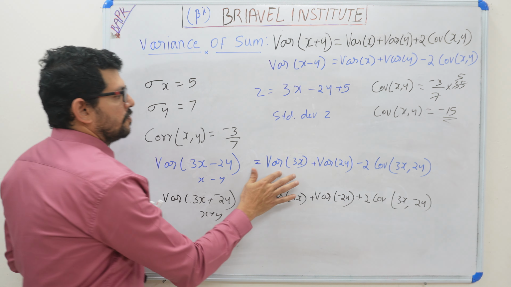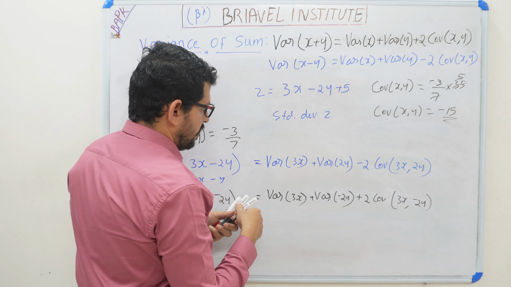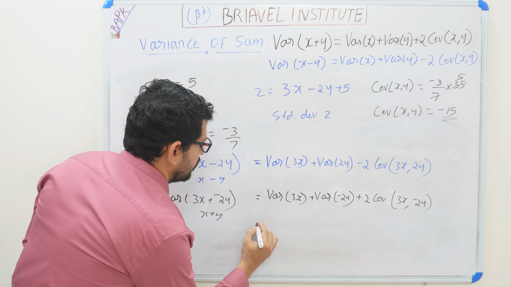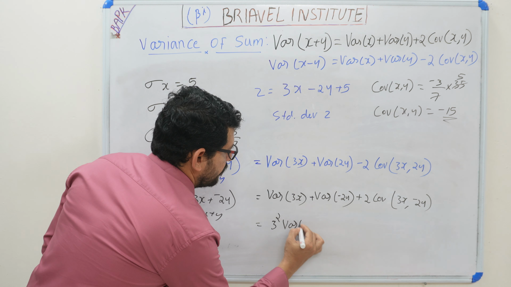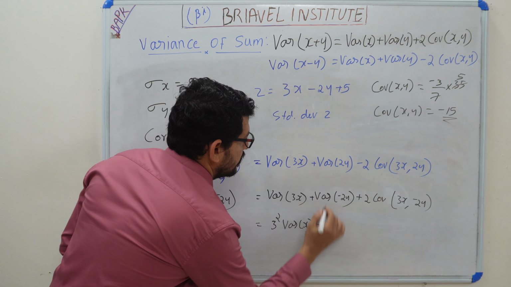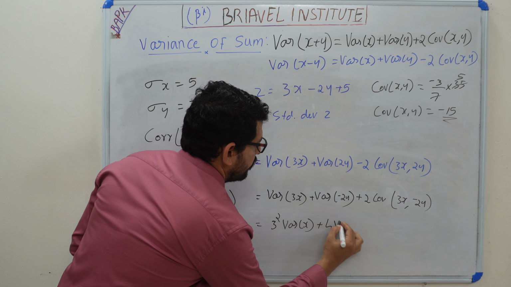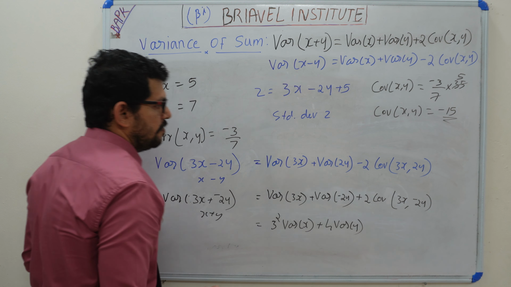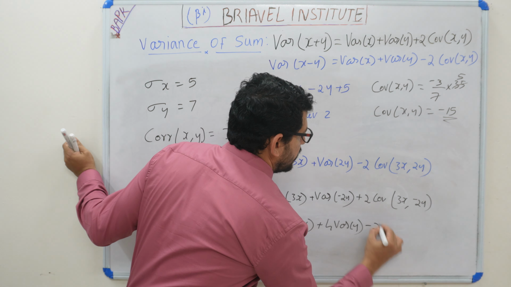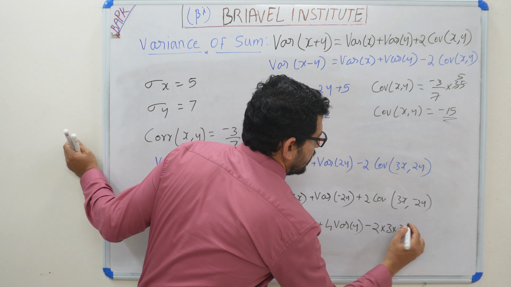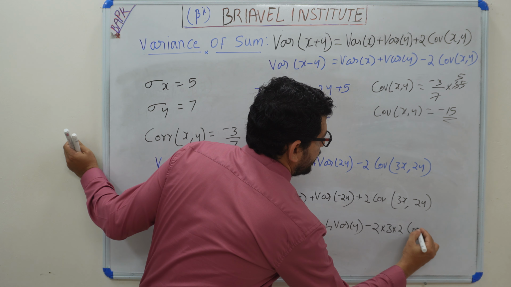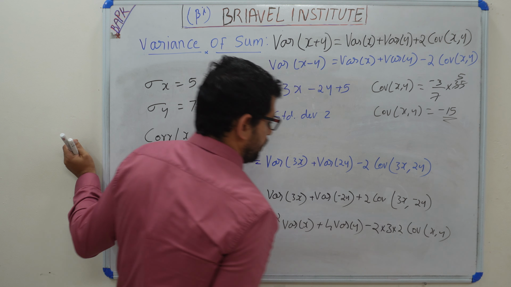So here variance of 3x is 3 square times variance of x, since 3 is taken out. Variance of 2y is 4 times variance of y. Minus 2 times, 3 and 2 are taken out, covariance of x comma y.